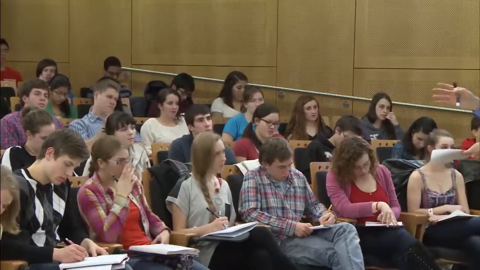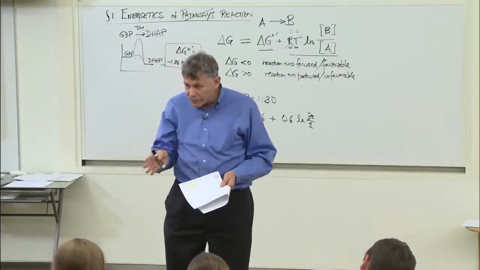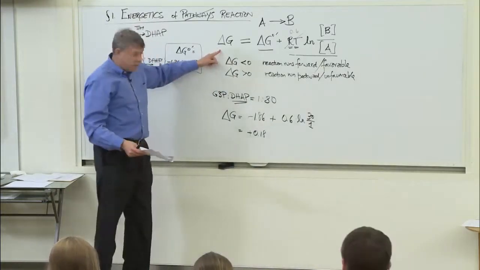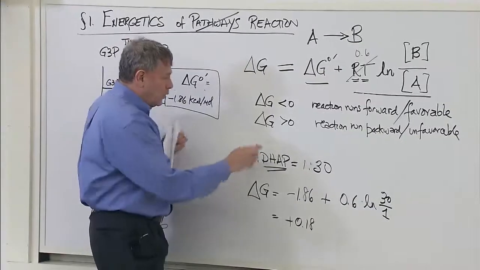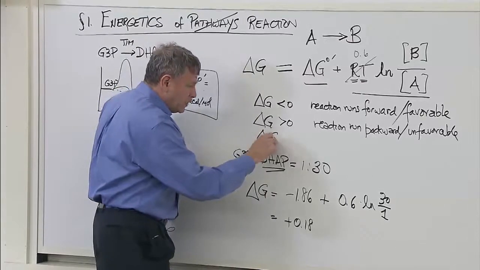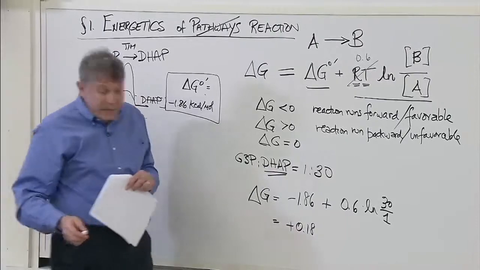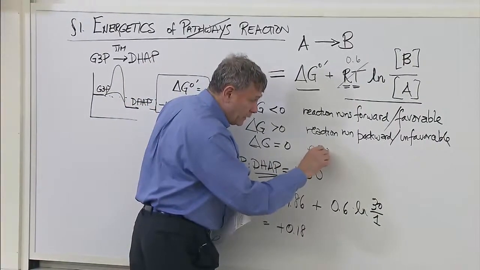It bounces back and forth due to this entropy consideration. And this tells us, if you solve the equation, what would happen when delta G equals 0? Does the reaction run forward or backward? Neither. It's at equilibrium.